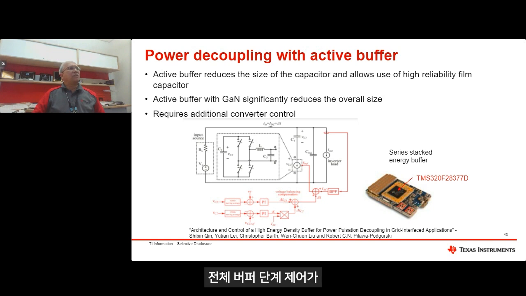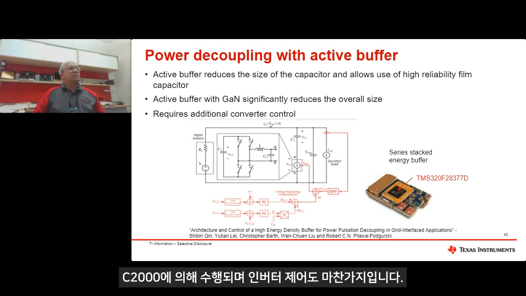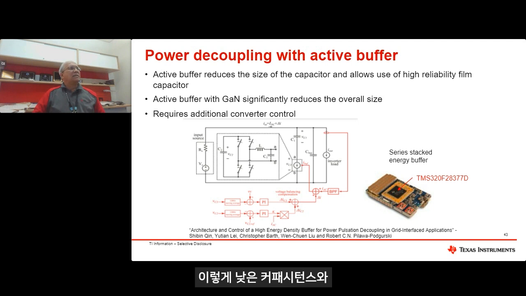Again, the control of the buffer stage was done by the C2000 and also the inverter control. So that's something that can be considered if we want to achieve lower capacitance and high reliability, and use the MCU processing power to achieve that.